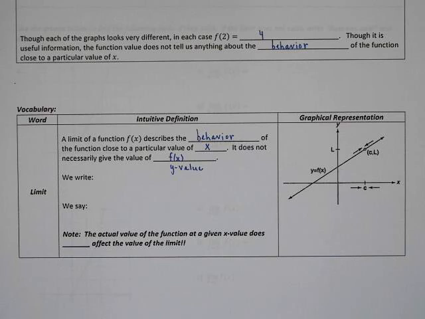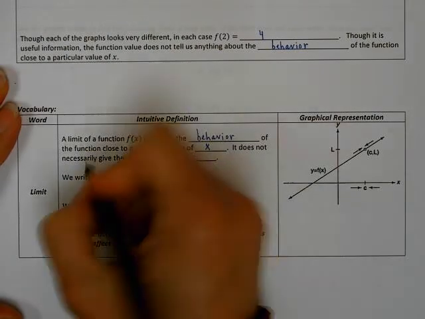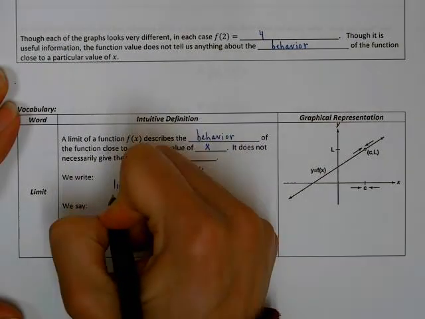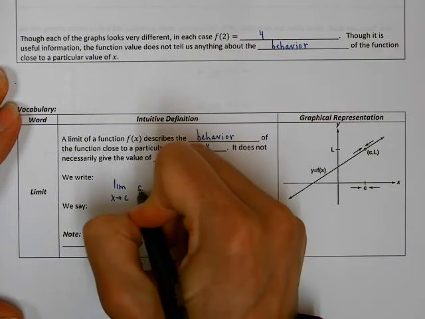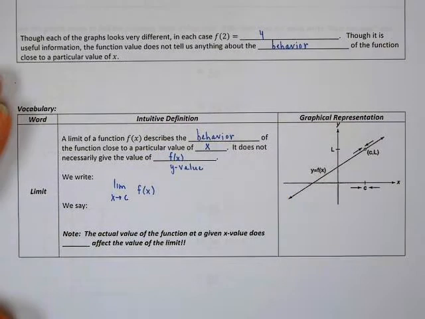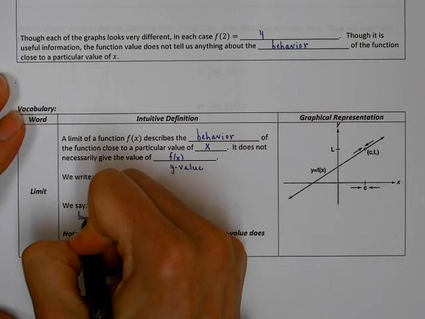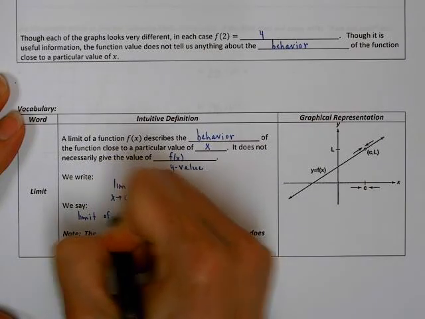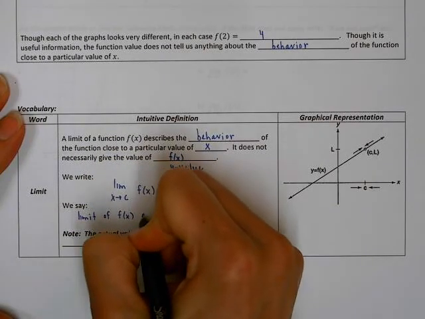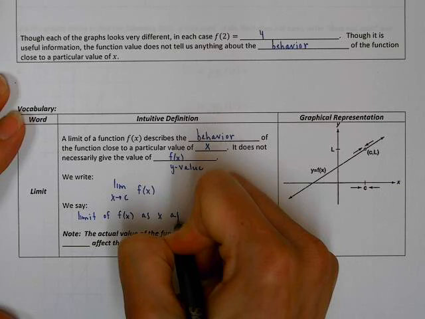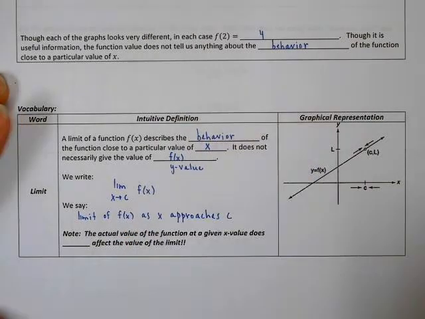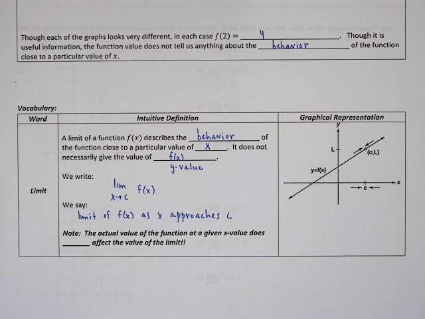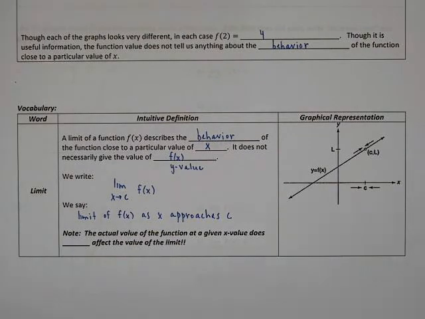So in terms of notation, here's what we write. It's going to look like this. We say the limit of f of x as x approaches c. And here's what some of that notation means.